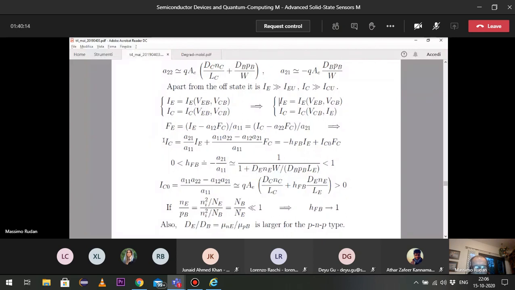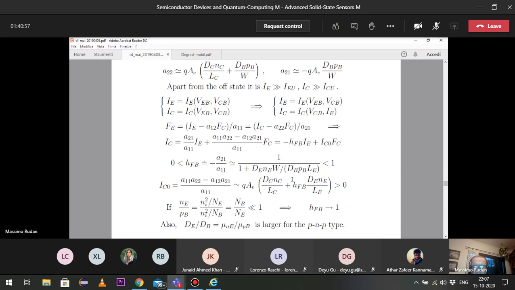Assume for a second that you have IC prime, that is the negative IC, equal to HFB IE plus IC0 FC. Now, if you replace all the expressions of the coefficients small a11, a22, etc. into the definition of IC0, you find that IC0 is positive.